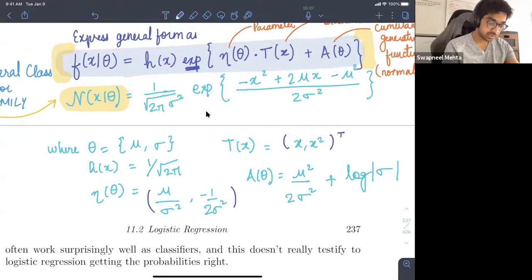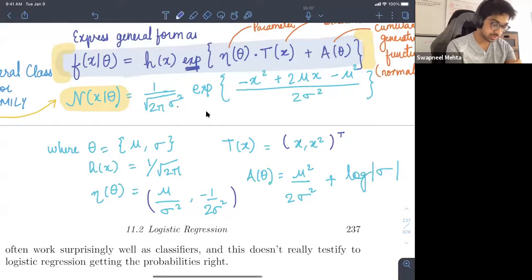Finally, what is remaining is h of x. Remember that h of x is a function of x, so it can be a function of x that has x raised to 0, and x raised to 0 is 1. So it is technically a function of x, just a constant function. And it cannot be a function of the parameters because there's no theta here.